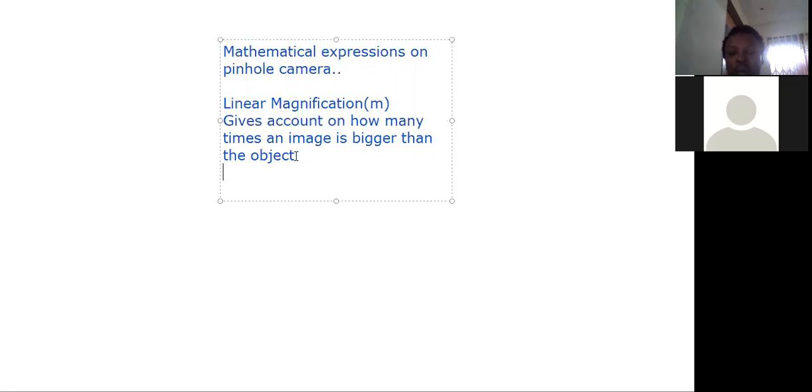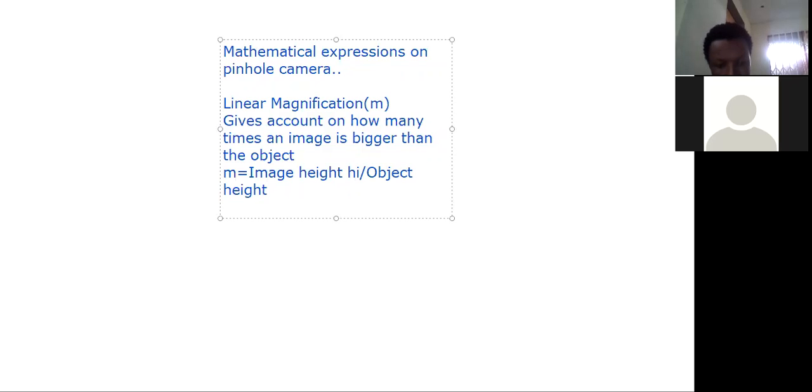So we can mathematically define magnification as image height all over object height, and the object height is denoted by small h naught.